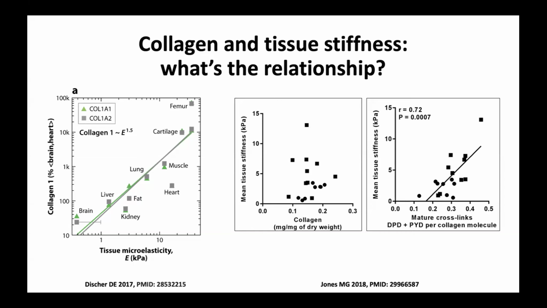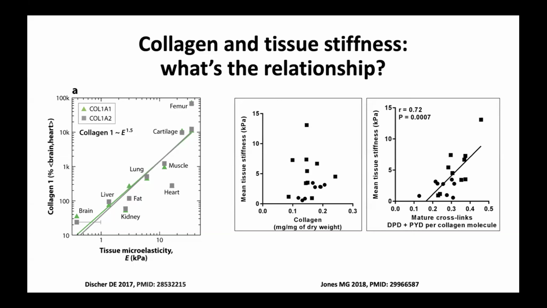However, I told you that collagen cross-linking alters mechanics. And I think that is an added complexity when we think about what tissue stiffness is as a function of how much collagen is in it. This is work from Mark Jones's group. They had lung tissue and looked at how much collagen it contained and what the stiffness was.